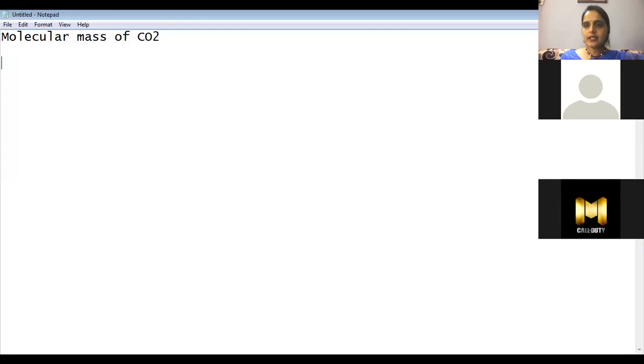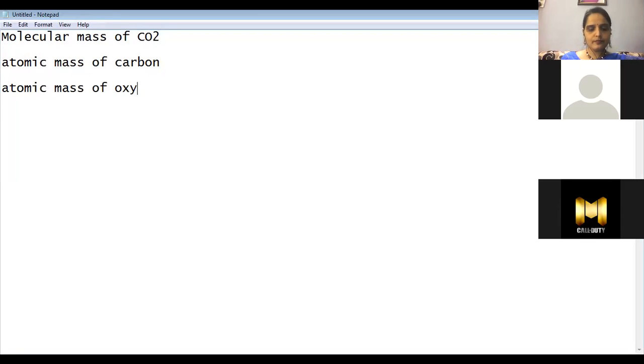For this, we need to know the atomic mass of carbon and the atomic mass of oxygen. The atomic mass of carbon is 12 U, and the atomic mass of oxygen is 16 U. In carbon dioxide, how many atoms of carbon are there? Only 1. And how many atoms of oxygen? 2.